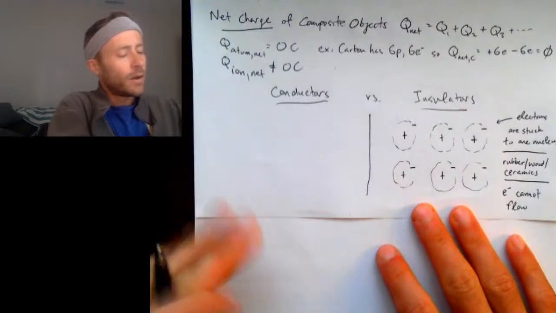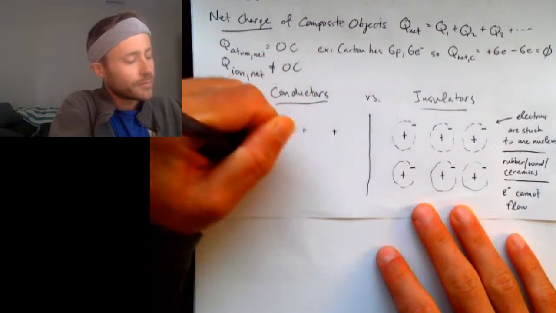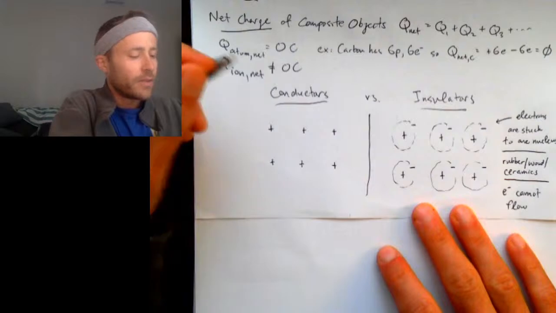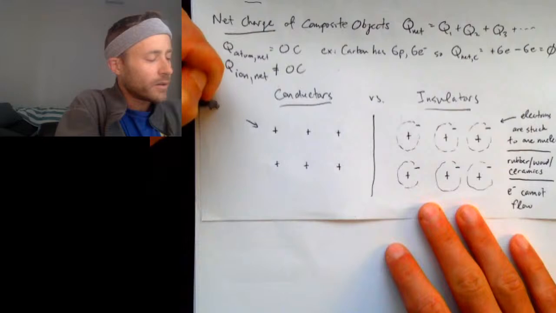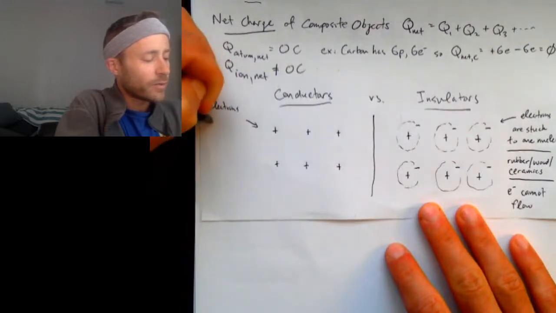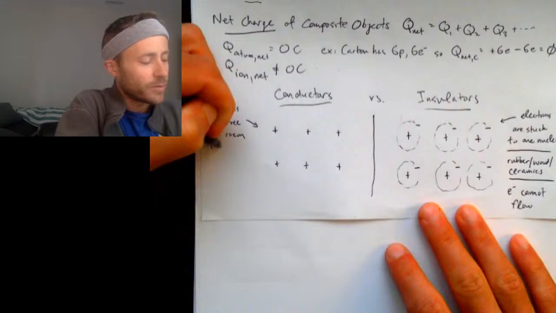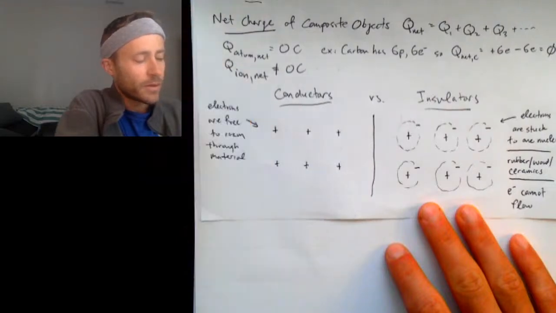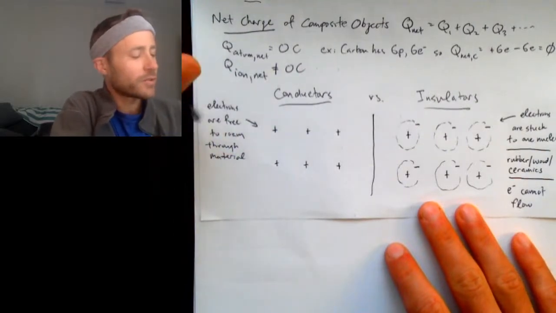But then you have materials called conductors. And for a conductor, the electrons are free to roam through the material. Okay, so you still have the same number of electrons, but the electrons aren't stuck.